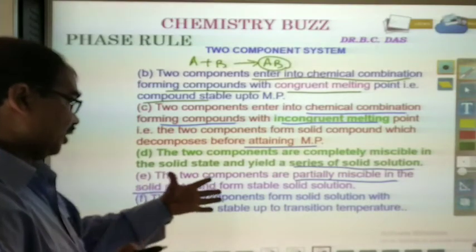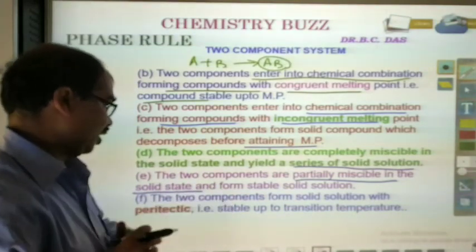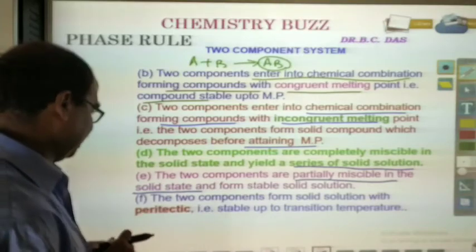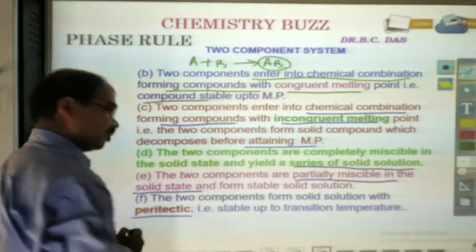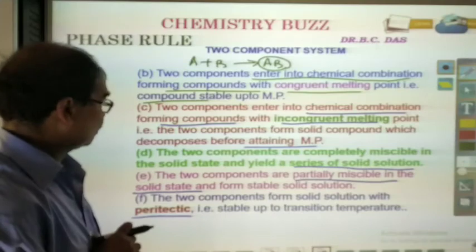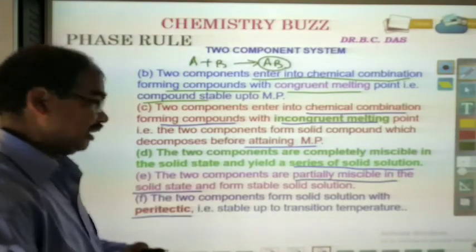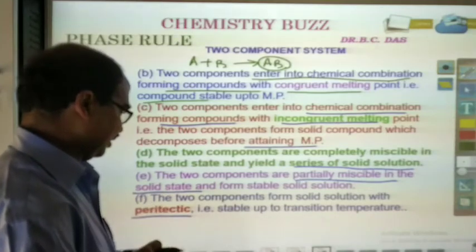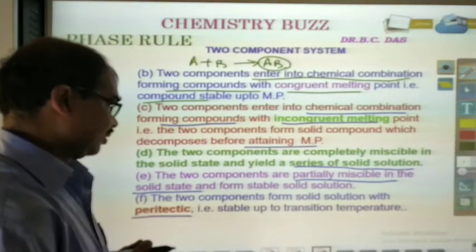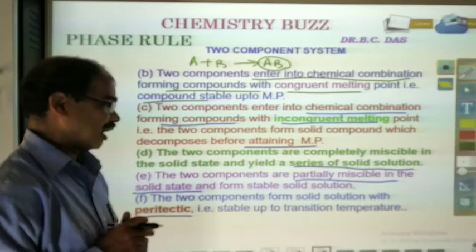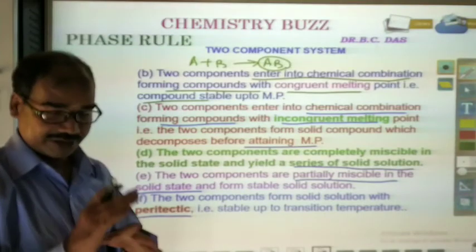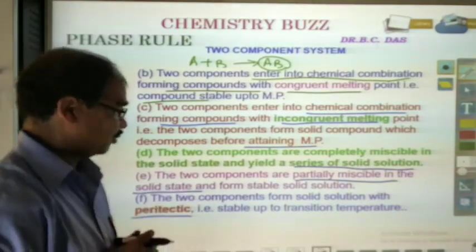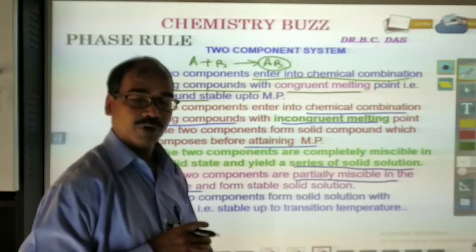And the fifth category: the two components form a solid solution with peritectic. So eutectic and peritectic are two different keywords. Peritectic means the compound is stable up to the transition temperature. At the transition temperature it will transform to another form.